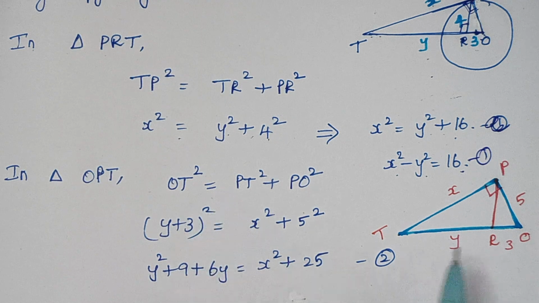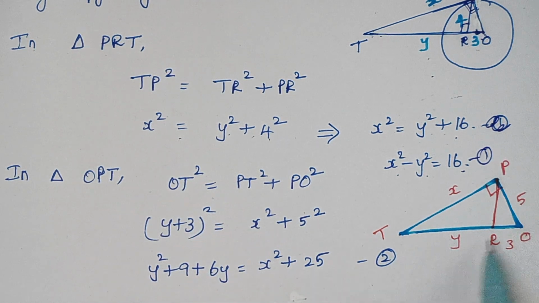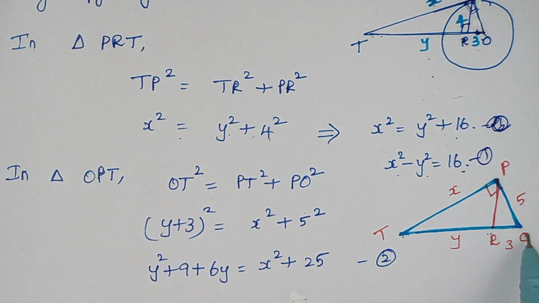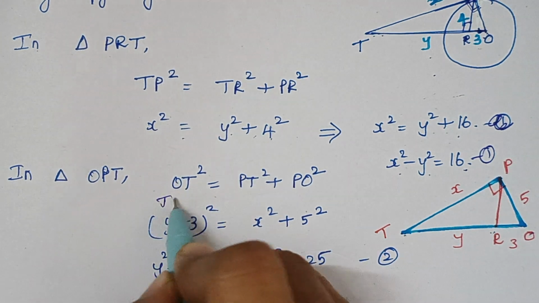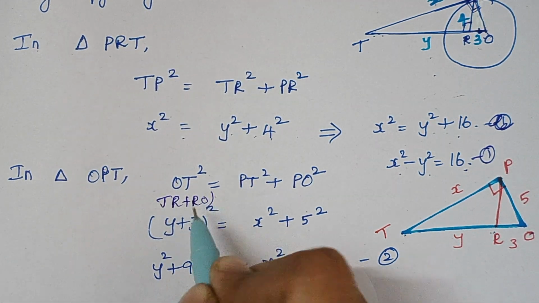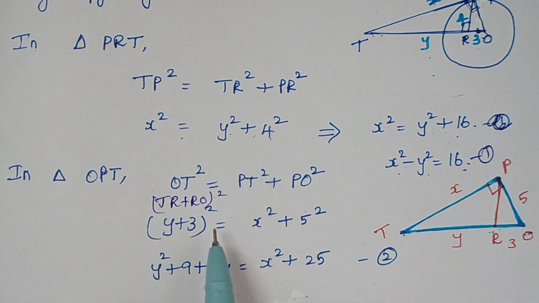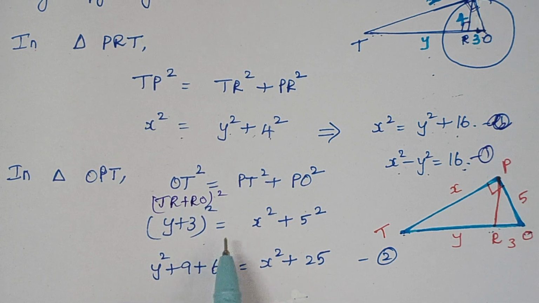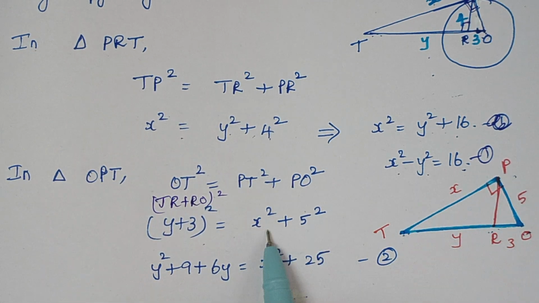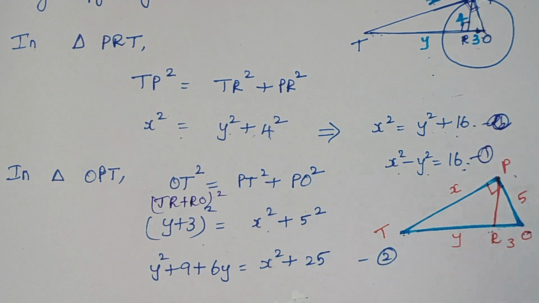What is OT? The side OT is TR plus RO, so OT is nothing but TR plus RO, the whole square. The value of TR is Y and the value of RO is 3. Therefore, Y plus 3 whole square is equal to, and again PT is X and this PO is 5.